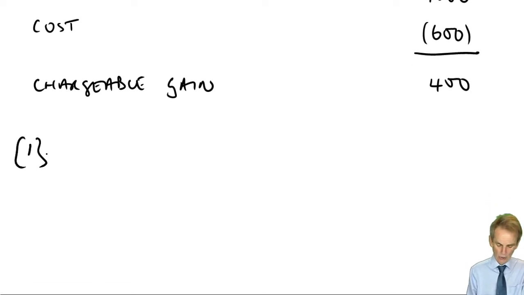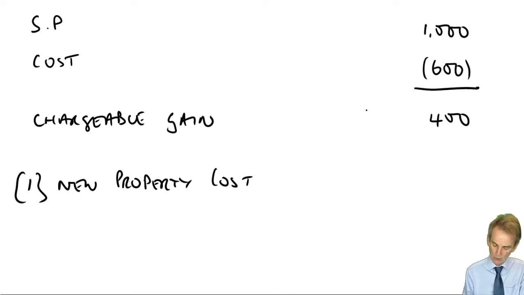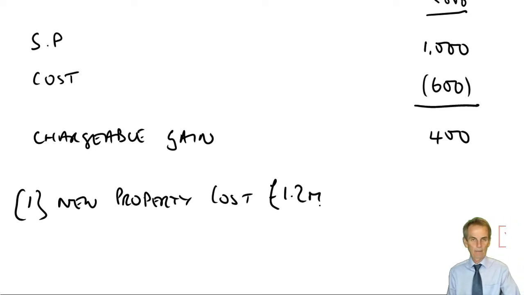The first situation is that we reinvest in a new business property that has a cost of, well, this one was sold for 1 million. Let's say that the new one has a cost of 1.2 million.